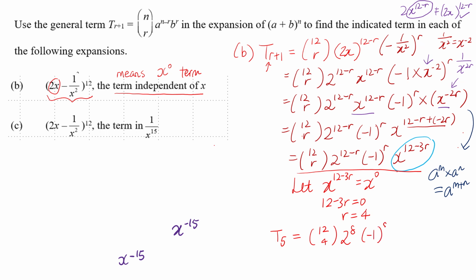Sorry, negative 1 to the power of 4. And of course, you will get x to the power of 0. That's how we get r equals 4, by letting the one in blue equal x to the power of 0. So you can just use a calculator to evaluate that.